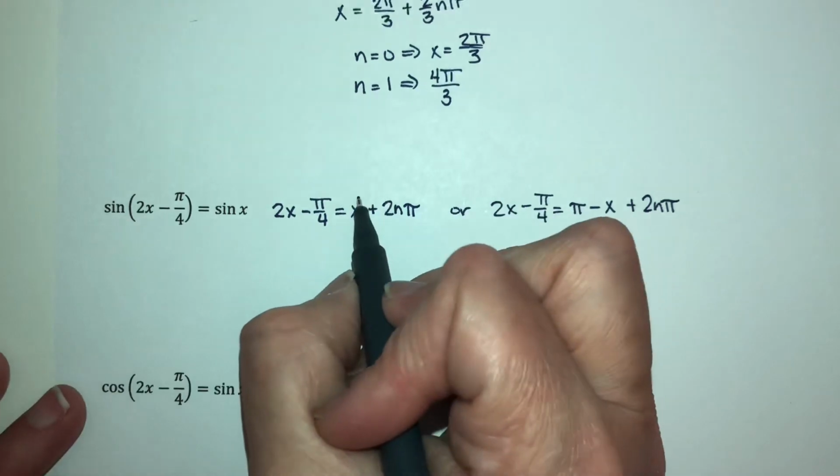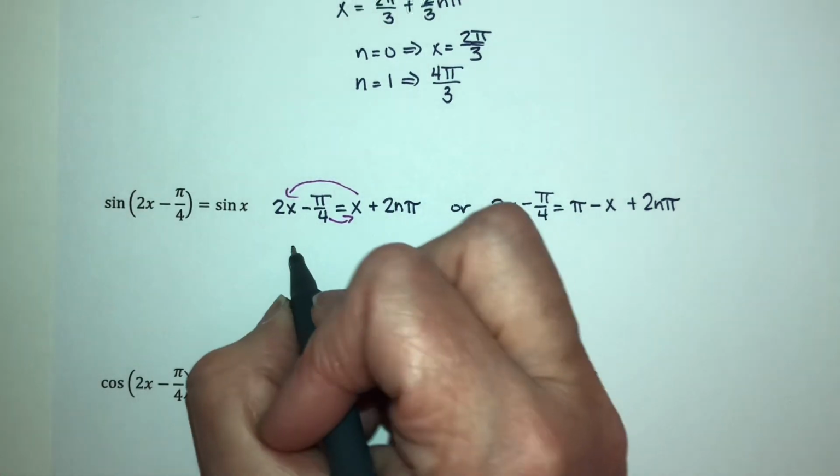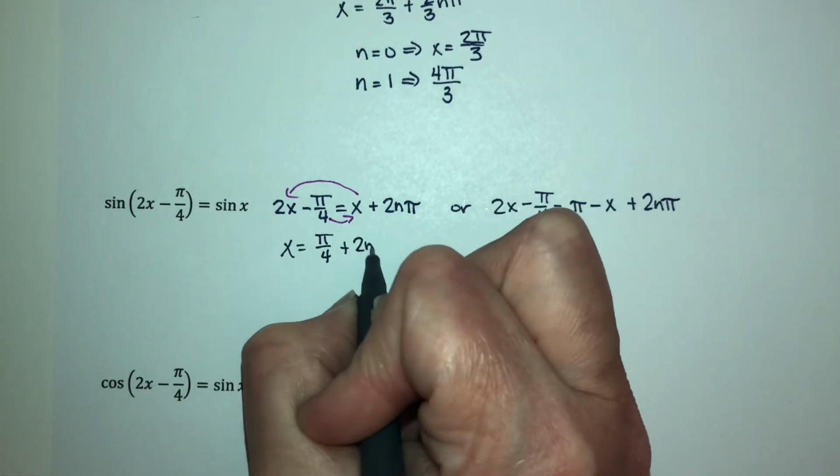Now solve this for x, so subtract x here. You're going to add pi over 4 here, and you get x is equal to pi over 4 plus 2n pi.